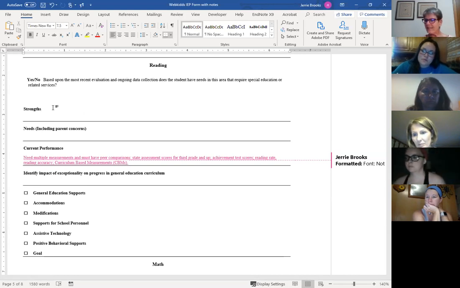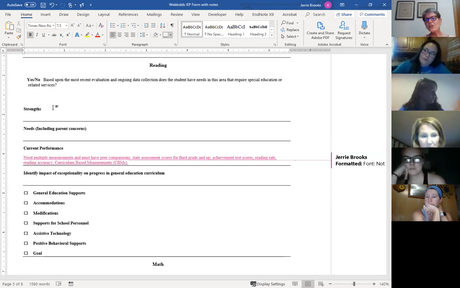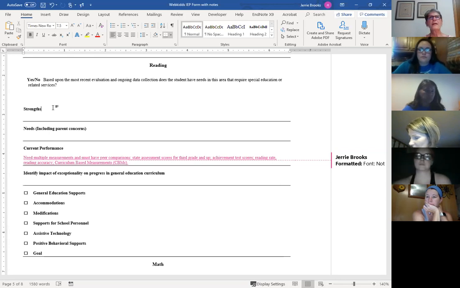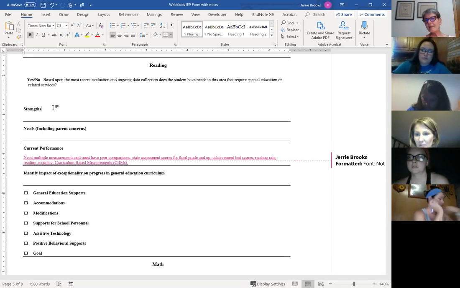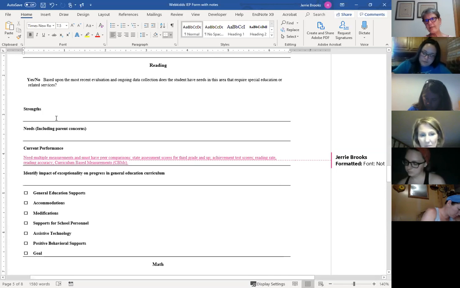Well, that's a relative strength because that area is stronger than the other ones, even though it's still not up to grade level. And so you can use the term auditory comprehension and vocabulary is a relative strength. Even though it is still below grade level, it is his strongest area in reading or something. So that the parents see that they still have areas where they're better than others.